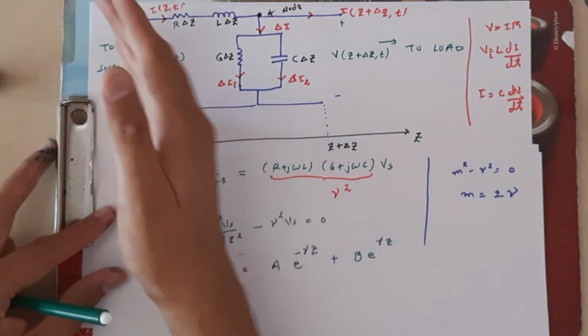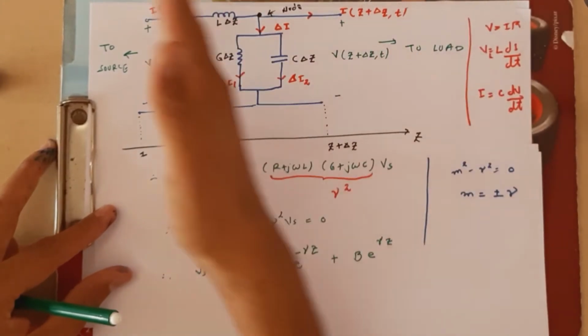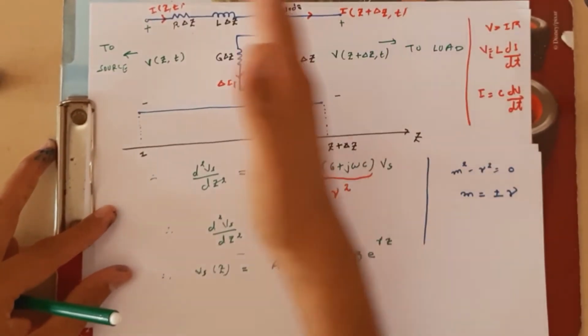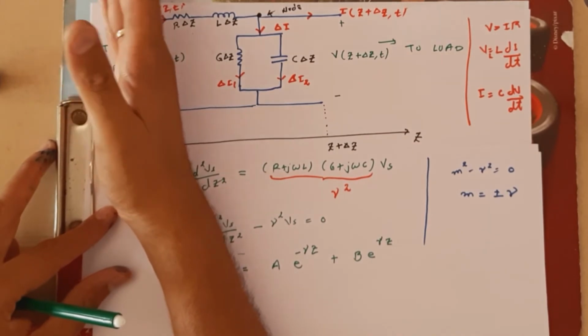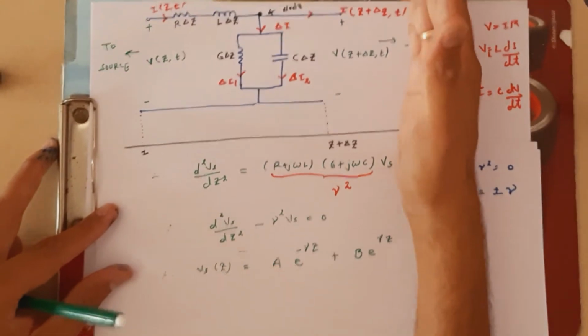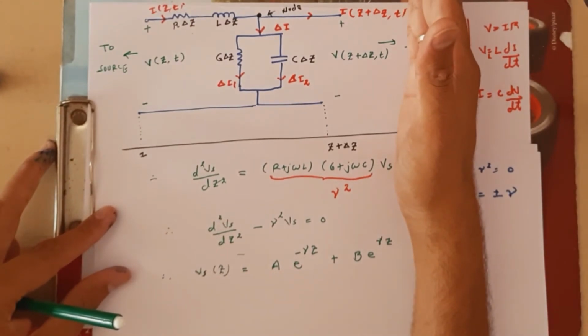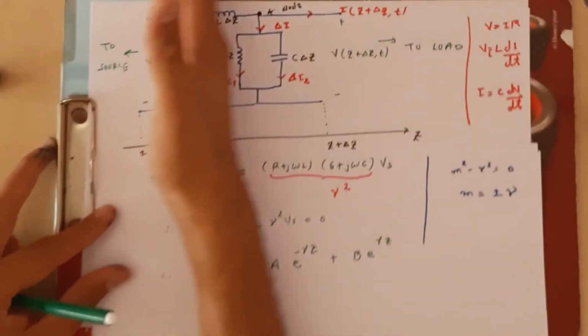See here, if you go from source to the load, suppose at the source side the value of voltage is 100, and at the load side the value of voltage is 90. That means 10 volts is dropped between source and load.